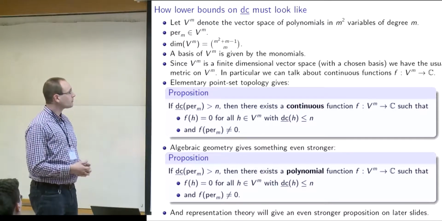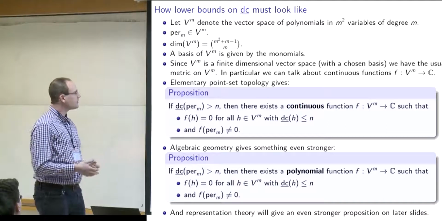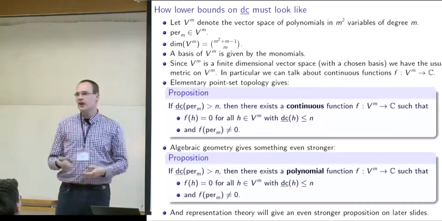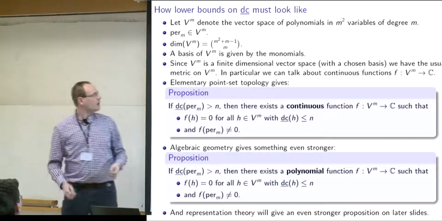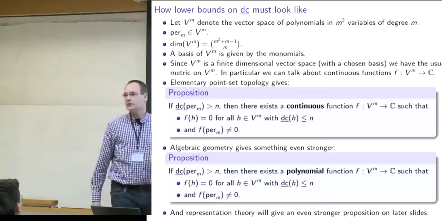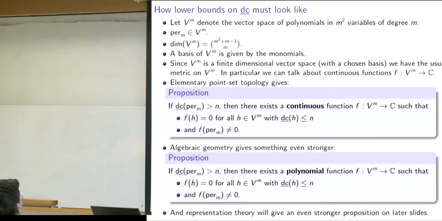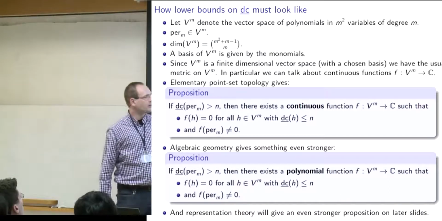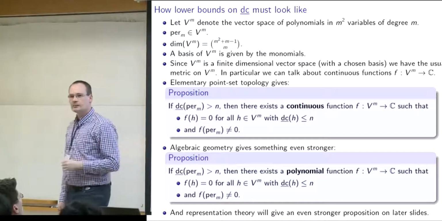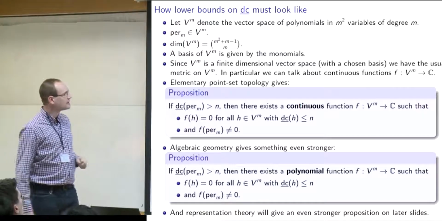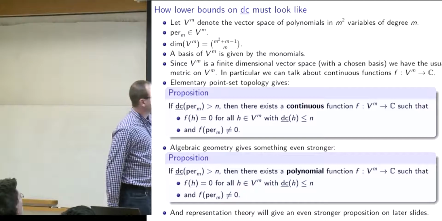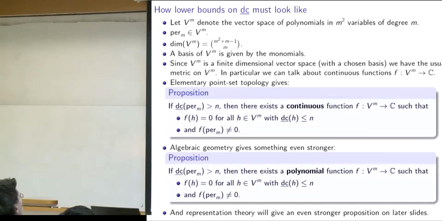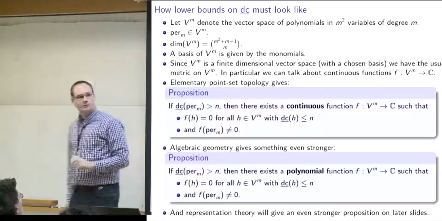Having this metric on the space gives you a natural way of defining what a continuous function from the vector space to C is. If you have such a function f, bear with me a bit, because f was all kinds of things today, but f is now always precisely this: a function on your vector space that maps to C.